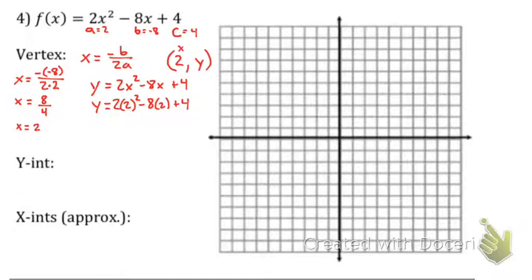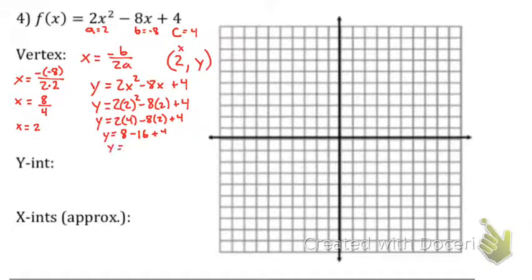Then, doing order of operations, let's do the math. Exponents first: 2 squared is 4, so we have 2 times 4 minus 8 times 2 plus 4. Let's do the multiplication. 2 times 4 is 8. -8 times 2 is -16. Bring down the +4.